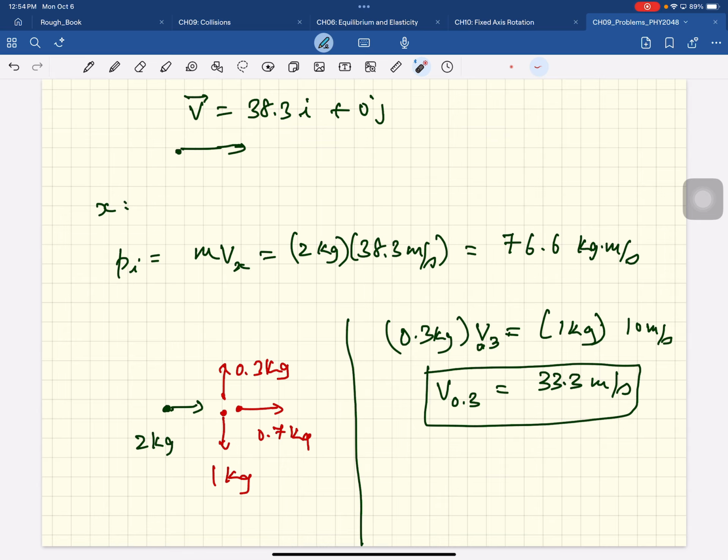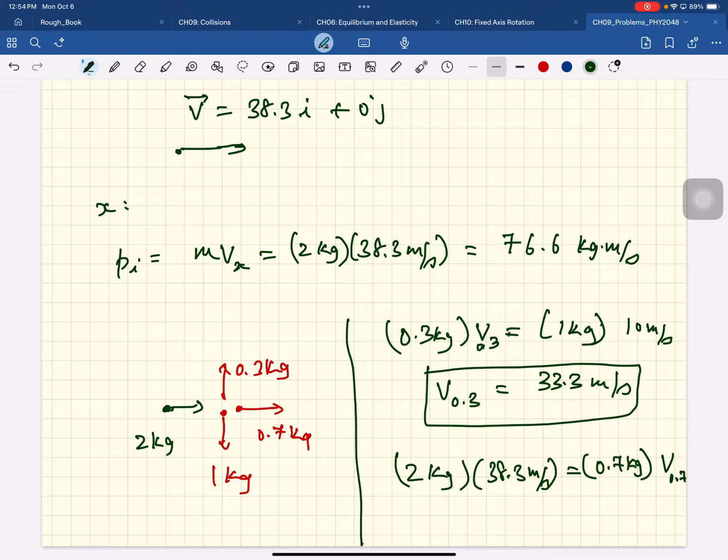So the speed of the 0.7 kg guy: this momentum needs to equal this momentum. Okay, so 2 kg times his speed, which was 38.3 meters per second, should equal 0.7 kg times the velocity of the 0.7 kg guy.